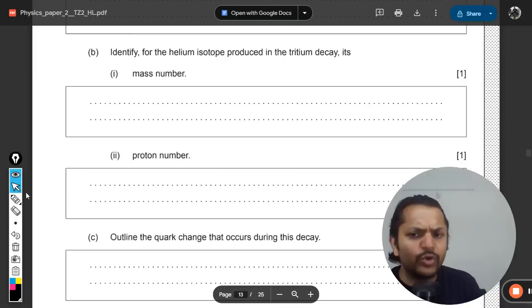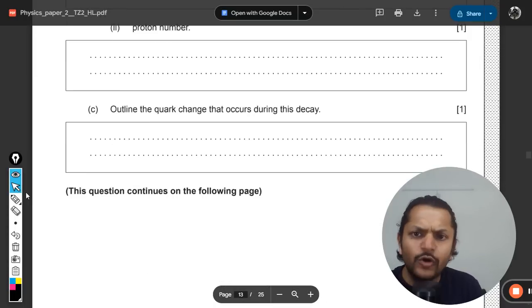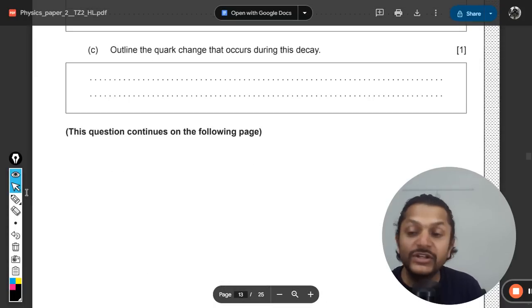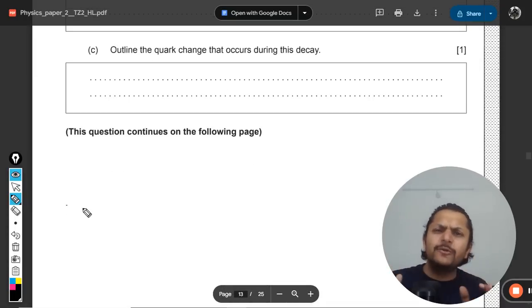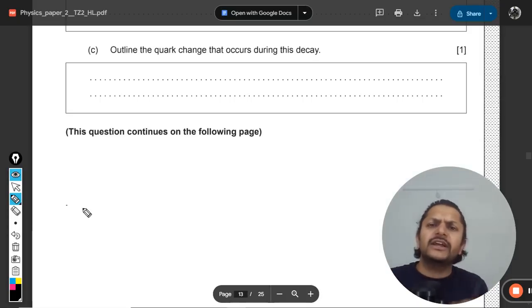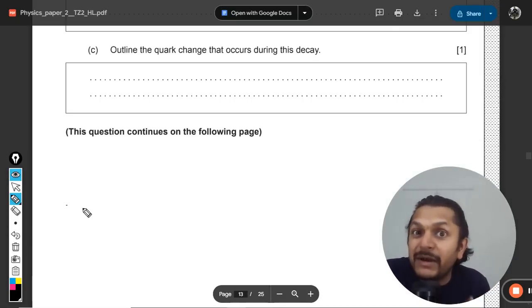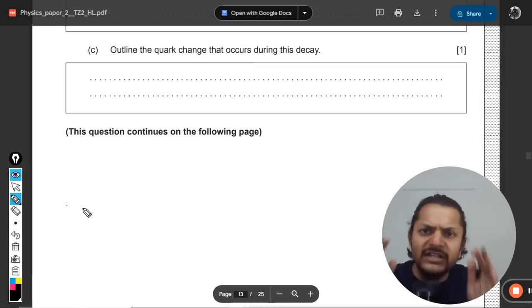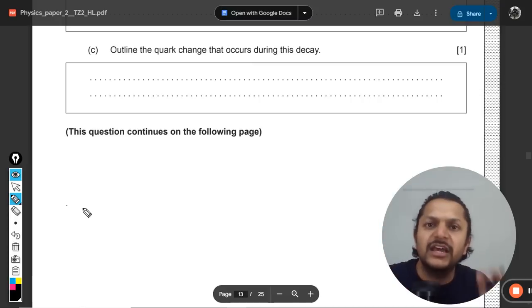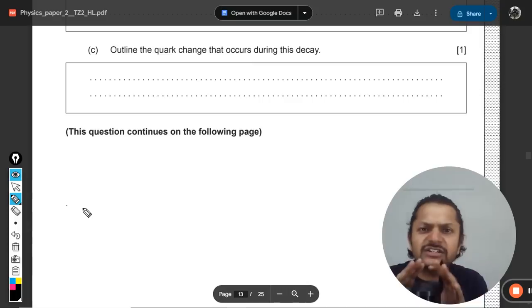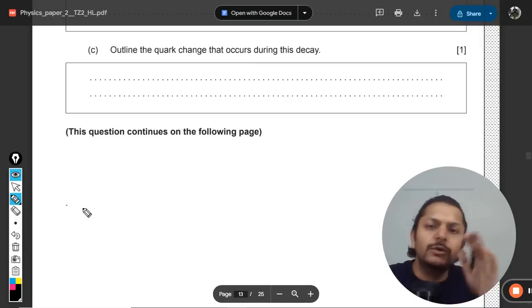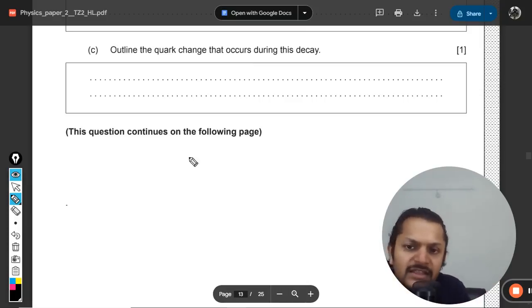So I will be showing you the mark scheme later. Outline the quark change that occurs during this decay. Time and again the same question, just the method of asking is different, but they are referring to the same beta minus decay. You can even remember beta minus decay and beta plus decay. Wherever you find it, just remember it, okay? You would be getting this question. Now this is beta minus decay.